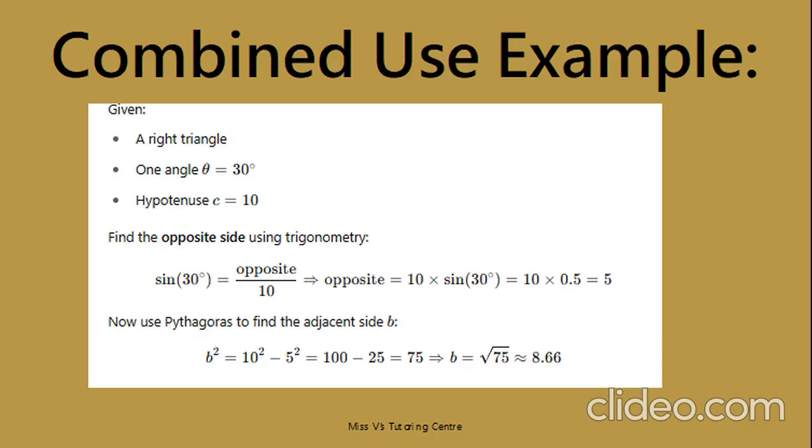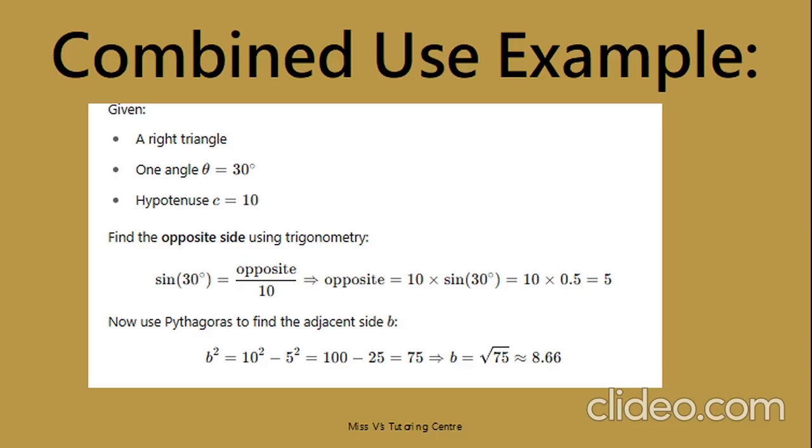So to find the opposite side using trigonometry, we will say sine 30 degrees is equal to the opposite over 10, which translates to the opposite is equal to 10 multiplied by sine 30 degrees. When you get the answer of sine 30 degrees, it is 0,5. So we take the 10 multiplied by 0,5. So the opposite side is equal to 5 units.